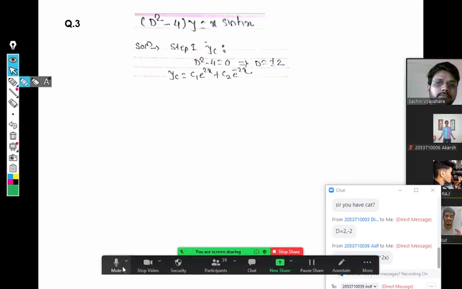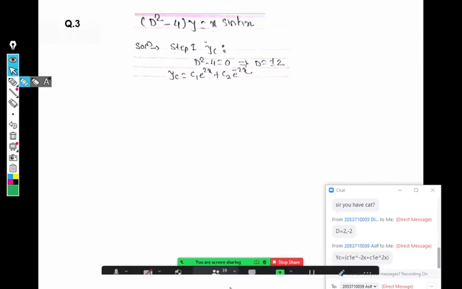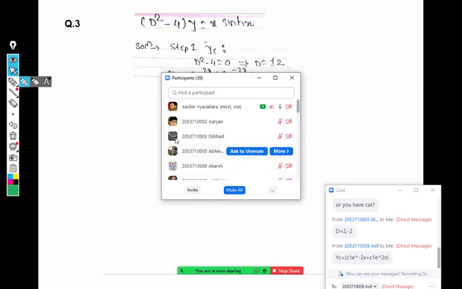Sir, particular integral will be minus x by 3 sine hyperbolic x minus 2 by 9 cos hyperbolic x. Very good, yes. Very good. Just 1 minute. I'll switch off the video now. Whether Aryan has given this answer?